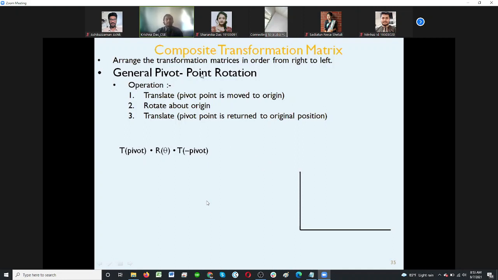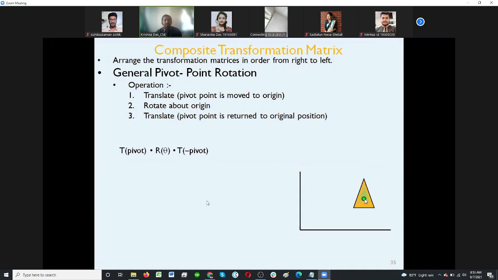Now, in this case, the object is saying that it will rotate on any random point. Whatever random point you have in the space, on the basis of that it will have a rotation. For easy understanding, this problem is saying that you rotate on this point.